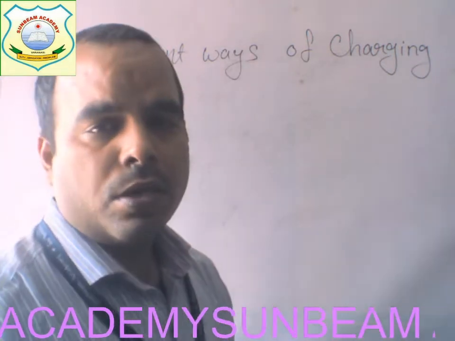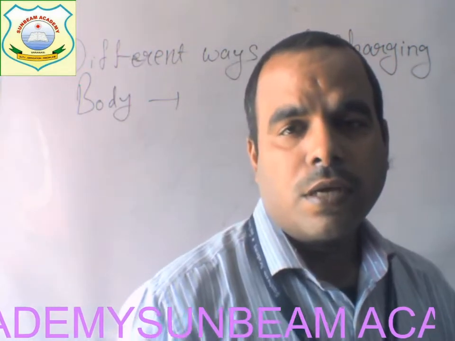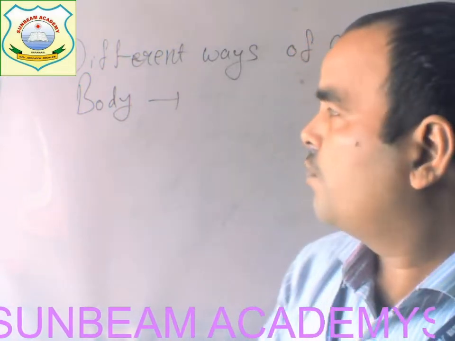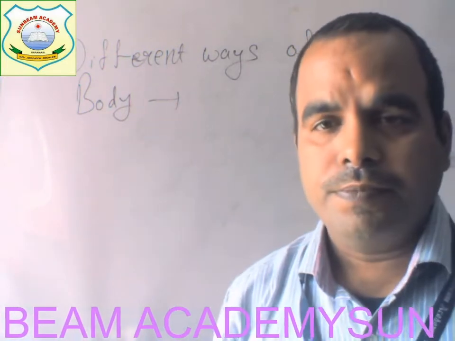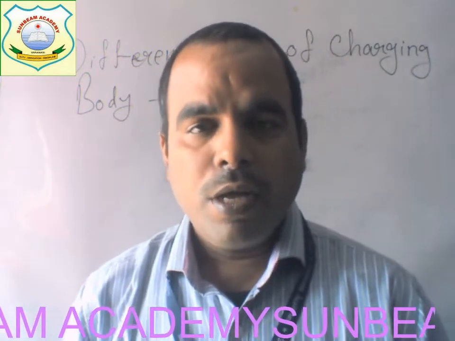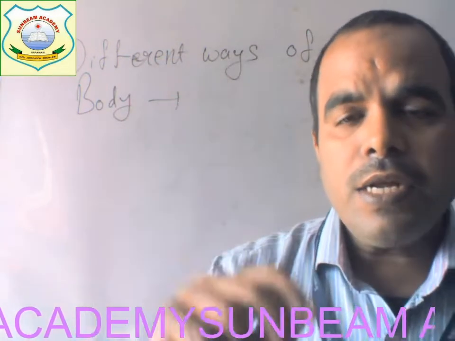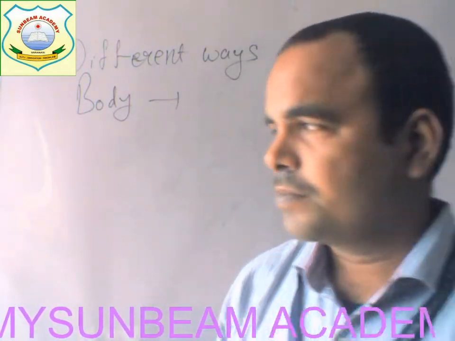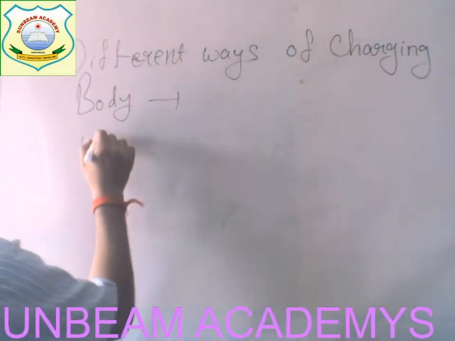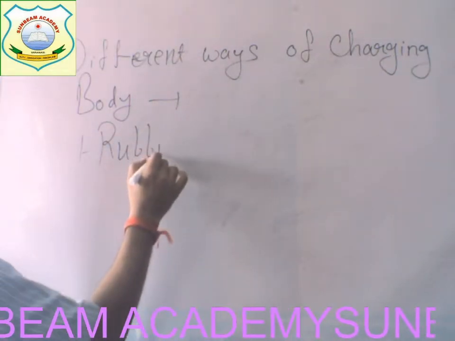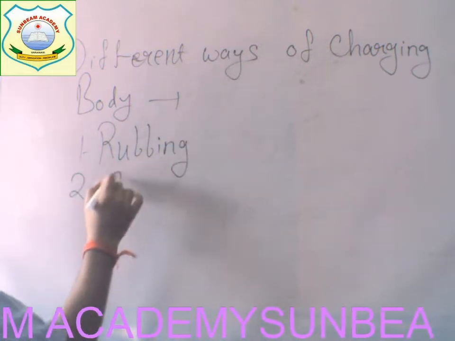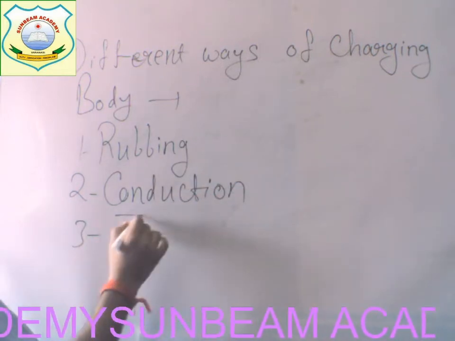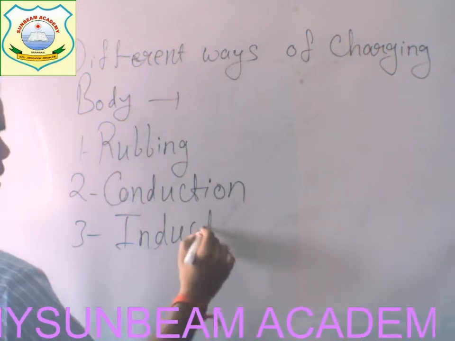In the last class we already discussed that there are 3 ways by which we can charge any body. The first is rubbing, the second is conduction, and the third is induction.